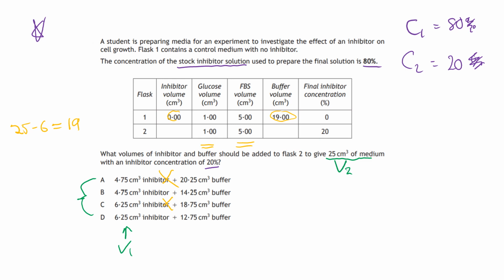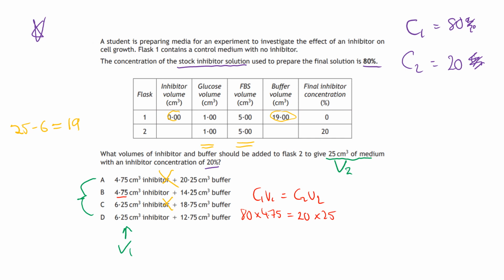All we need to do now is do our calculation, C1V1 equals C2V2, to see out of B and D which one is our correct answer. So if we look at B, concentration 1 is 80, volume 1 is 4.75, concentration 2 should be 20, and volume is 25.